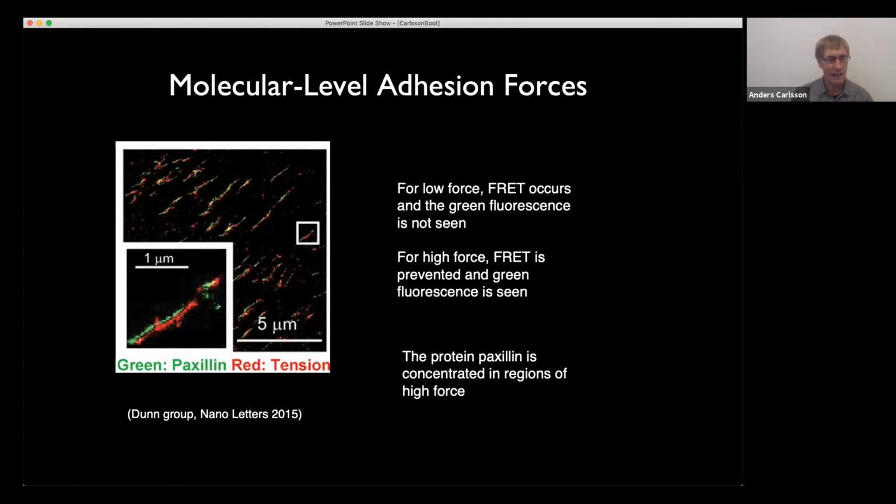And they're seeing that there's a very close correlation between the tension and the paxillin. So in other words, where the cell is exerting a strong force on the substrate, that's where the paxillin is. So it tells us that the paxillin is really involved in exerting the force on the substrate.